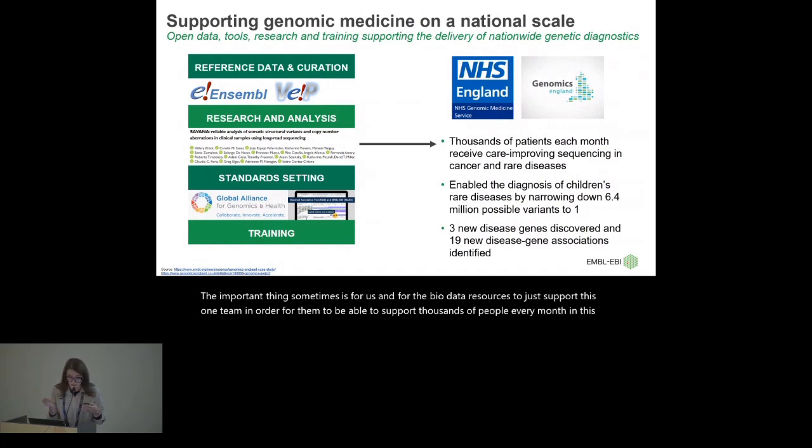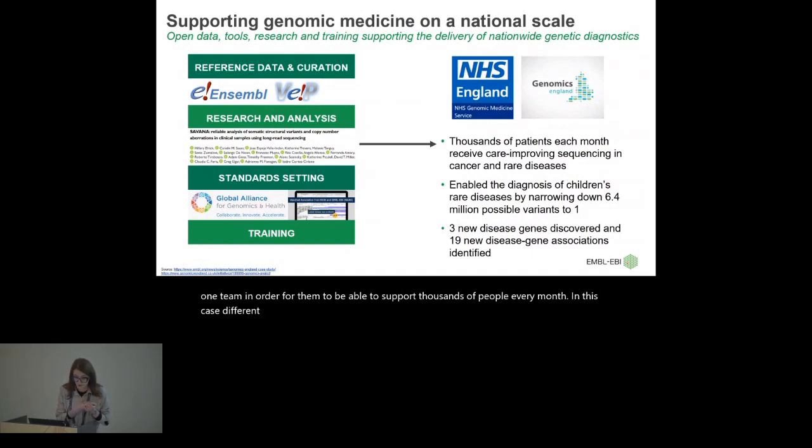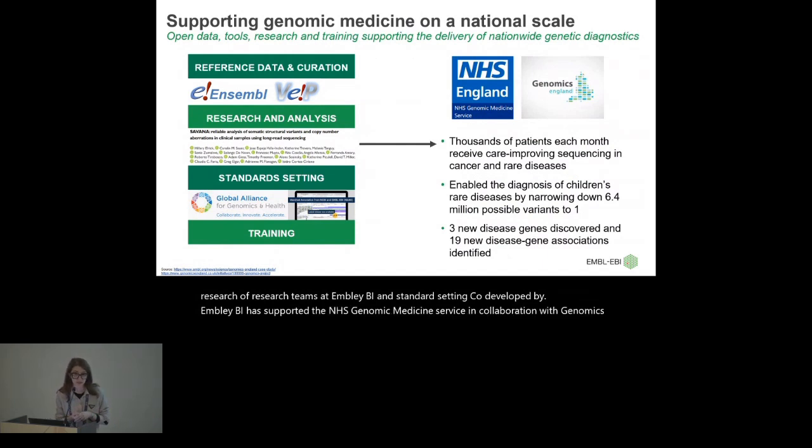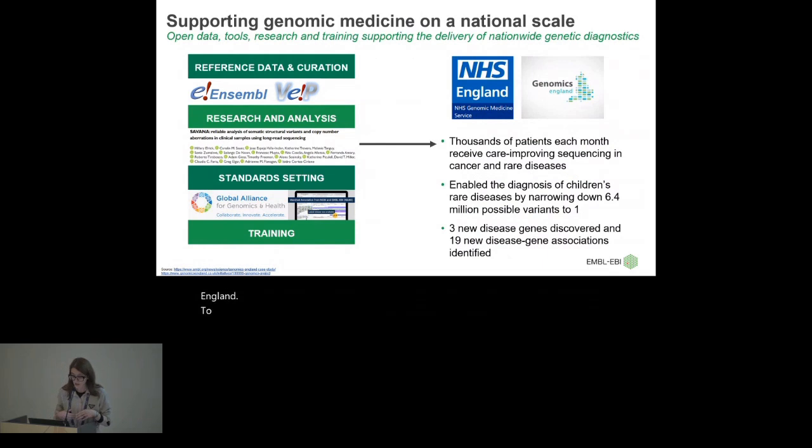In this case, different practices of biodata resources like Ensembl, the research of research teams at EMBL-EBI and standard setting co-developed by EMBL-EBI has supported the NHS Genomic Medicine Service in collaboration with Genomics England to provide genetics testing and results every month.